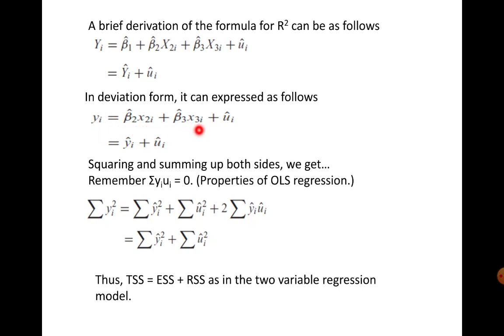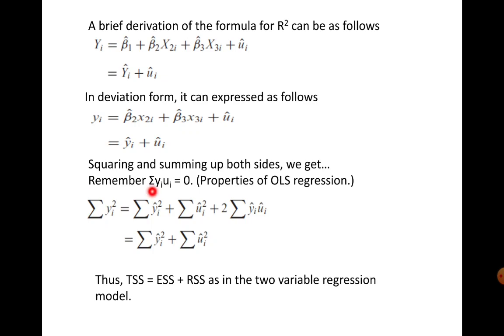If you want to remind yourself of the derivation, you can just have a look at the last lecture that I had uploaded. So in deviation form also I can write small yi, that is the observed deviation from mean of y variable, is equal to small yi hat plus ui hat. Now I'm going to square and sum up on both sides. Okay, so remember, if you have a plus b whole square, it will be a square plus b square plus 2ab.